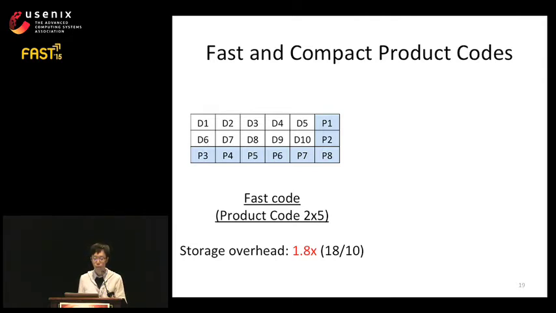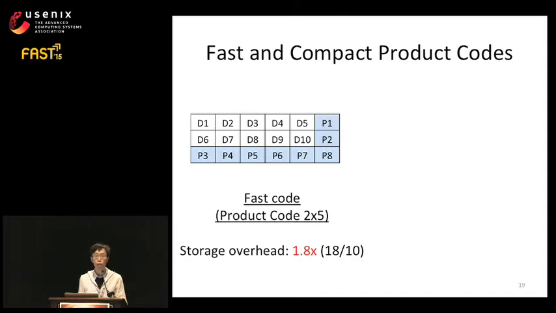So P1 is the XOR of D1 to D5. Similarly, the vertical parity is computed by taking the XOR of the data blocks on the column. So P3 here is the XOR of D1 and D6. Altogether, we add 8 parity blocks to every 10 data blocks. And this comes at a storage overhead of 1.8x.